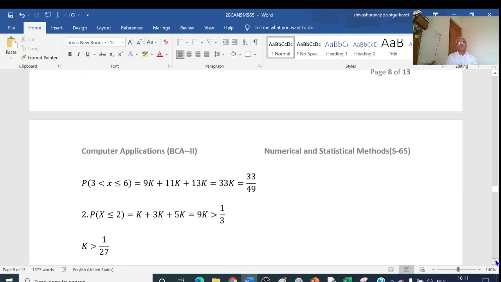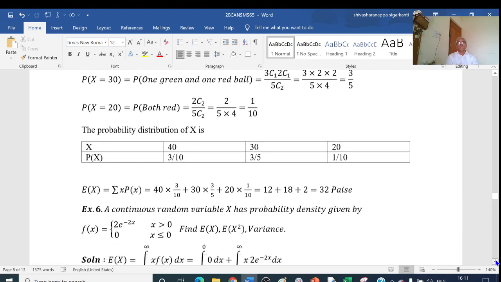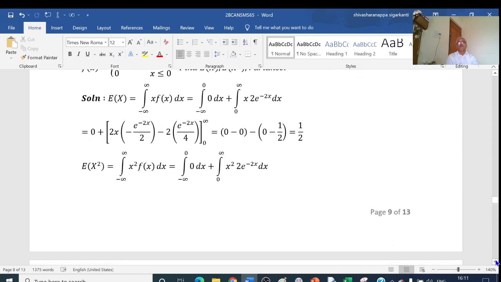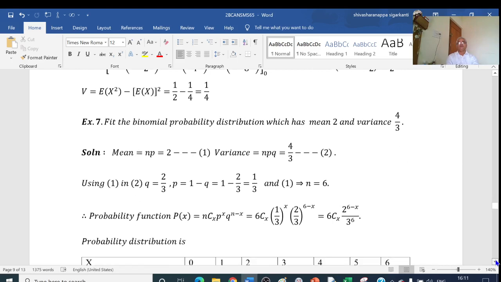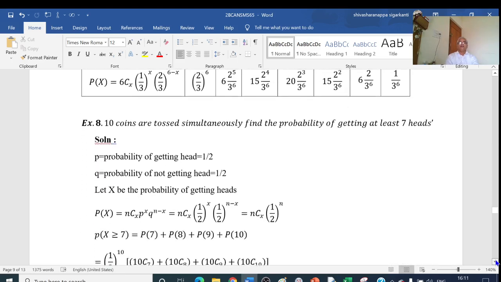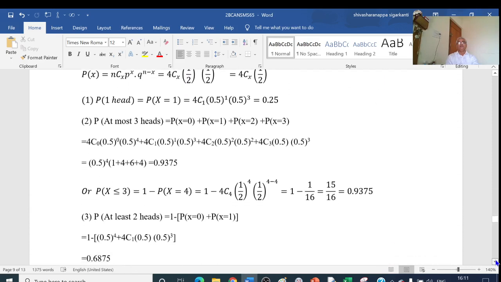And these are all the questions we have discussed in previous sessions. If you go through those previous sessions, then you will be able to understand the answers and you will be able to solve the paper.